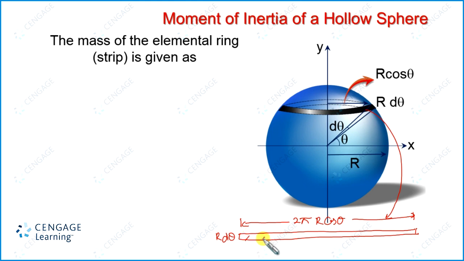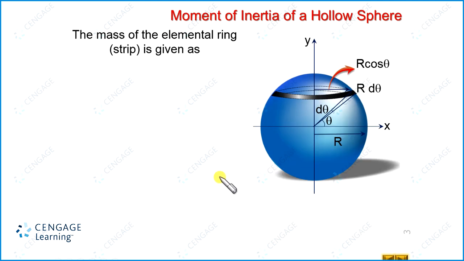That means the area of this rectangular strip should be equal to length multiplied by width, that is equal to 2 pi R cos theta multiplied by R d theta. And we have calculated the surface mass density, that is equal to M divided by 4 pi R square. That means dm, that is the mass of this elemental strip, should be equal to this one, right?